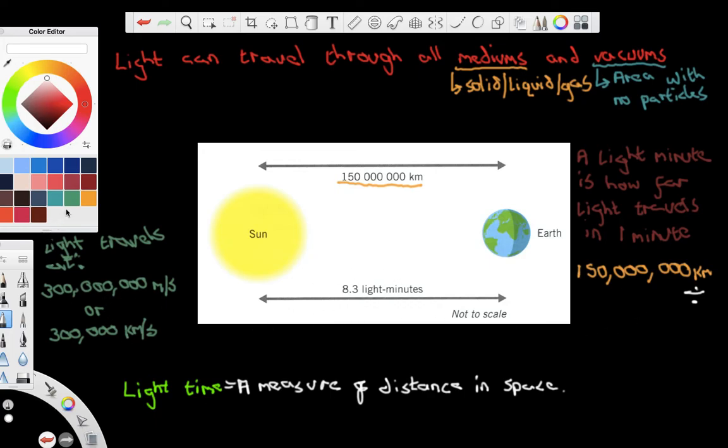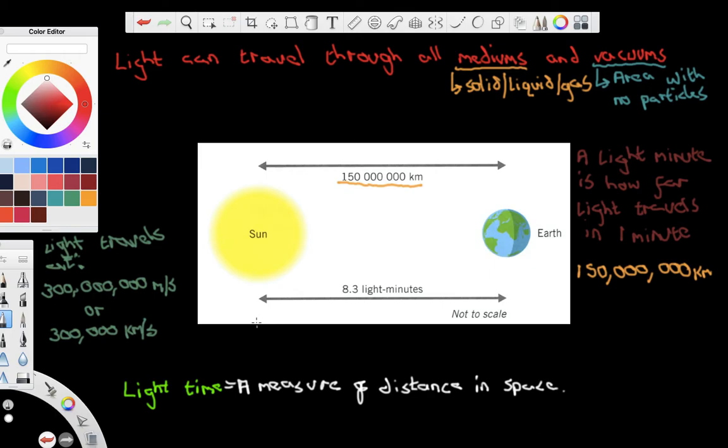So down here we say 8.3 light minutes. Therefore, we know, ignore the divide bit, we know that Earth is 8.3 light minutes from the Sun, because the light has travelled 150 million kilometres in those 8.3 minutes.